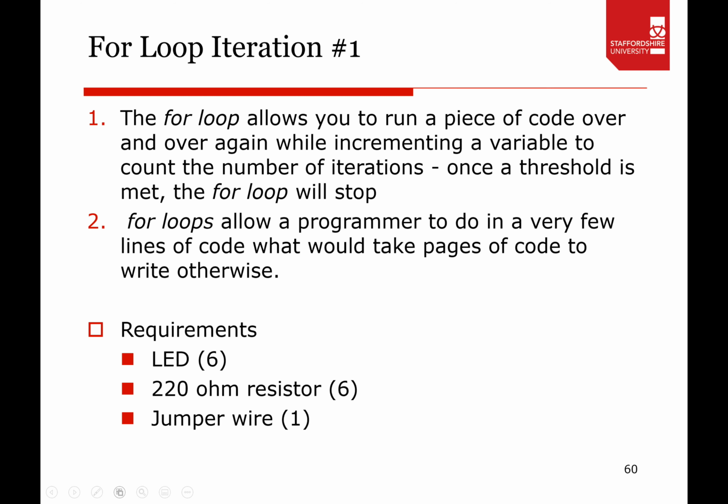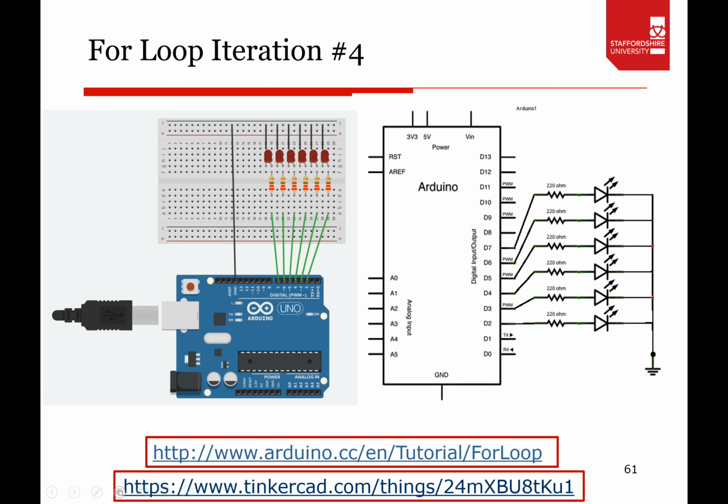For this example, we require 6 LEDs, 6 220 ohm resistors and jumper wires. The circuit diagram for this example is given in this figure here. Digital pins 2 to 7 are connected via 220 ohm resistors and LEDs to ground.